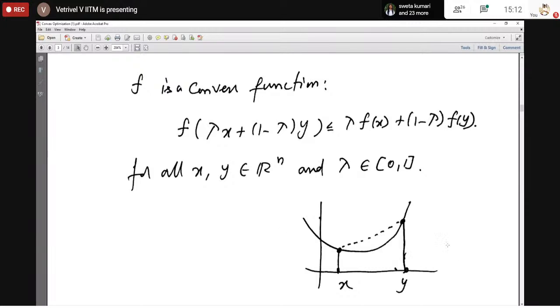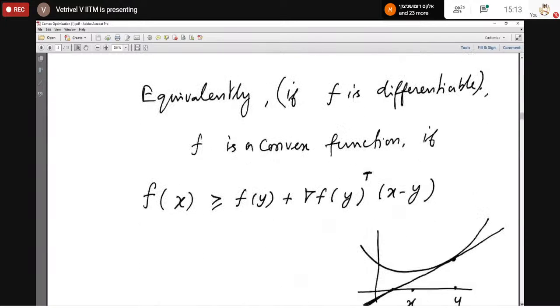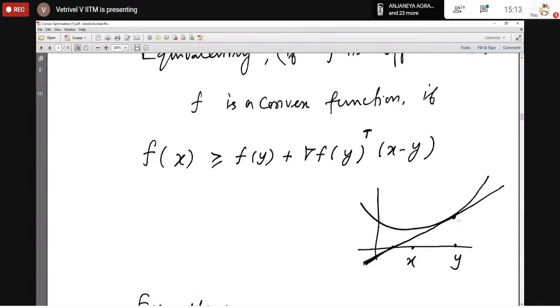In case I know that the function is differentiable, there is another dual representation of the definition of convexity. In the case of differentiability, f is a convex function if and only if f of y is greater than or equal to f of x plus the gradient of f at x times y minus x. This inequality says that the tangent at any point to the convex graph will lie below the curve.